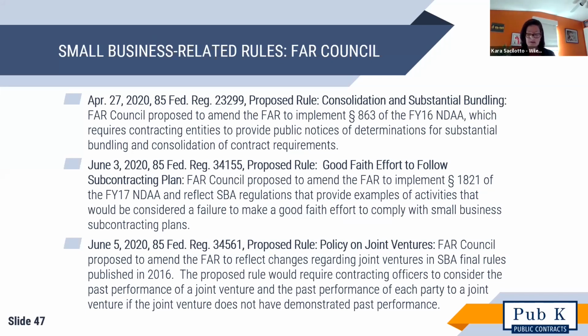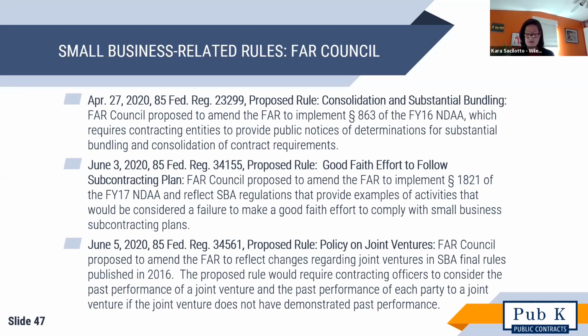The first bullet relates to a proposed FAR rule to implement Section 863 of the FY16 NDAA, which required contracting entities to provide public notices of determinations of substantial bundling or consolidation of contract requirements. Such a notice is important for small businesses because a consolidation or bundling of requirements might deprive a small business of being able to perform work that it previously could perform when that work was unbundled into its various components.